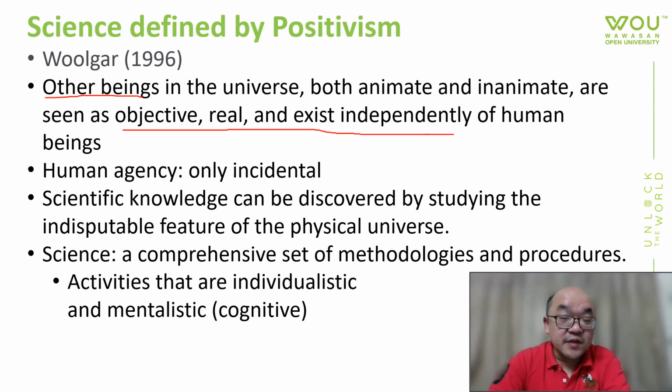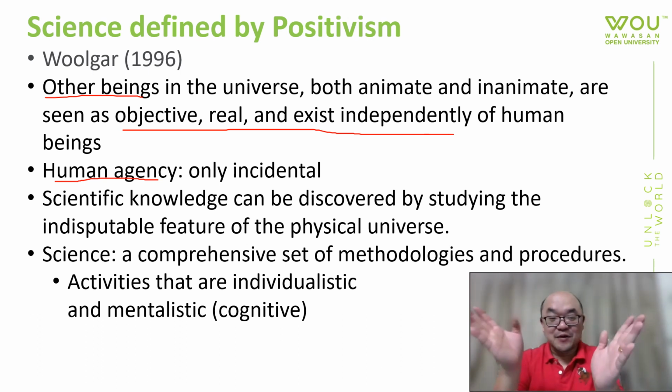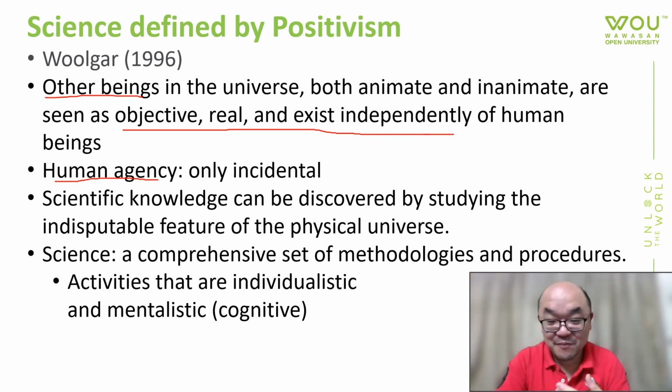Now, the idea of human agency, where we have free will, is just incidental. Basically, everything that happens in your life is predetermined, because the universe already has things going on. All the factors happening in your life determine what will happen tomorrow in your life. You actually have no choice.